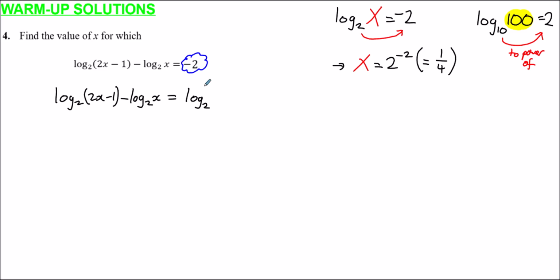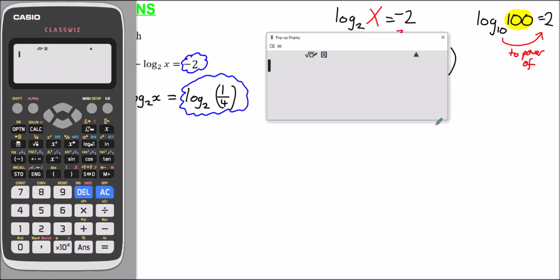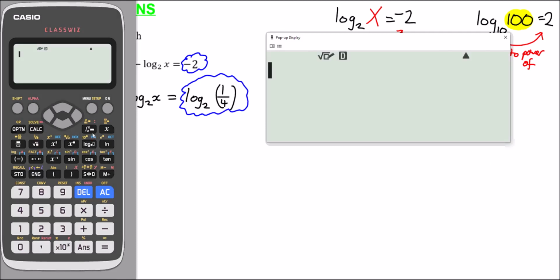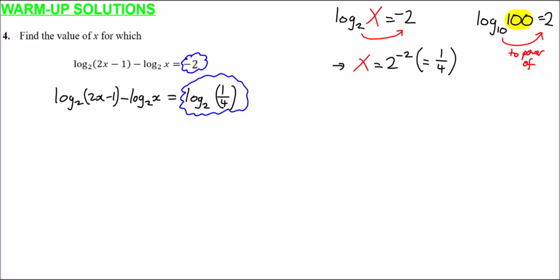So we can change this to log base 2 of a quarter. So I just wrote minus 2 in this form. If you're not entirely sure, just double check with your calculator, that's a fairly wise strategy. If I do the log button, change it to base 2, and type in 1 quarter, we have minus 2 as we needed.